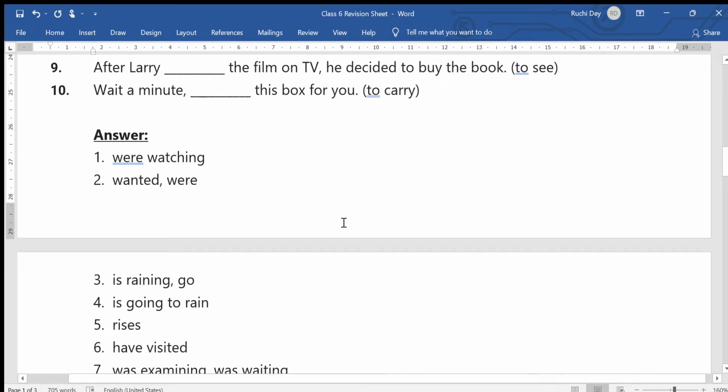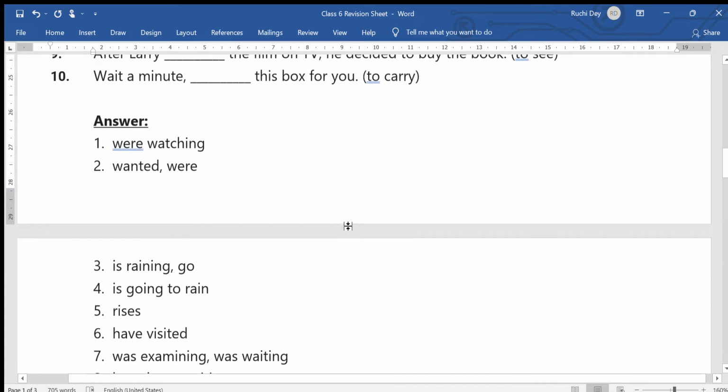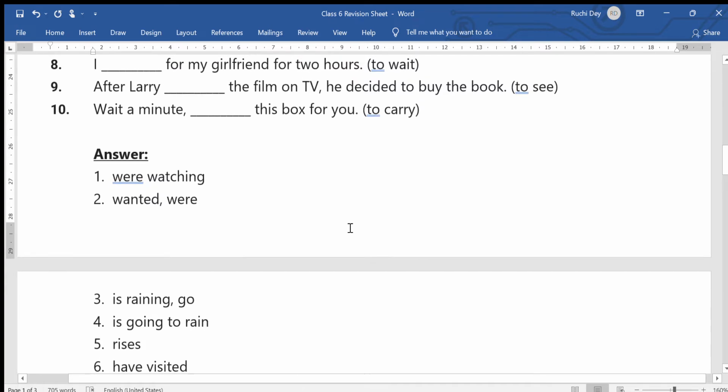Okay, the next one. After Larry dash the film on TV, he decided to buy the book. Now, the word in the bracket is to see. After Larry, now, after he's already seen the movie, right? Had seen. Very good. That is the correct word.